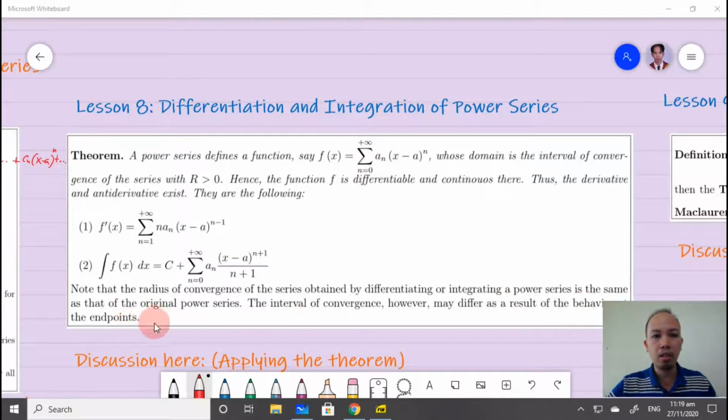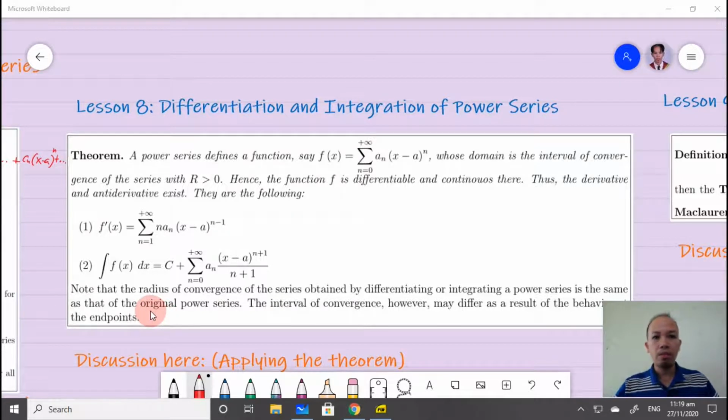Remember that it will matter: the original series may not have the same interval of convergence as the derivative and the antiderivative of the original power series. So be careful, you have to test the endpoints.